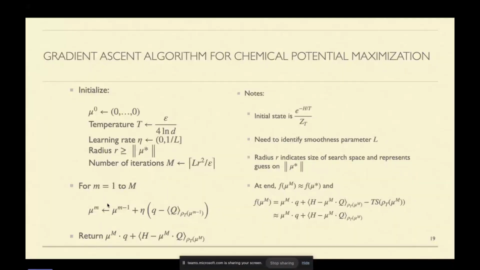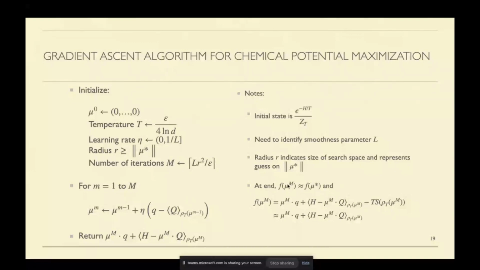The interpretation here of what's happening with the algorithm is that suppose that the ith constraint for the ith charge is larger than the expected value, then what this is telling you is you need to add charges to the system. And you can do that by increasing the ith chemical potential. Whereas if this number is negative, that means you need to remove those charges from the system. And so that's what this gradient ascent algorithm is doing, to try to find the optimal mu, such that the constraints will be satisfied.